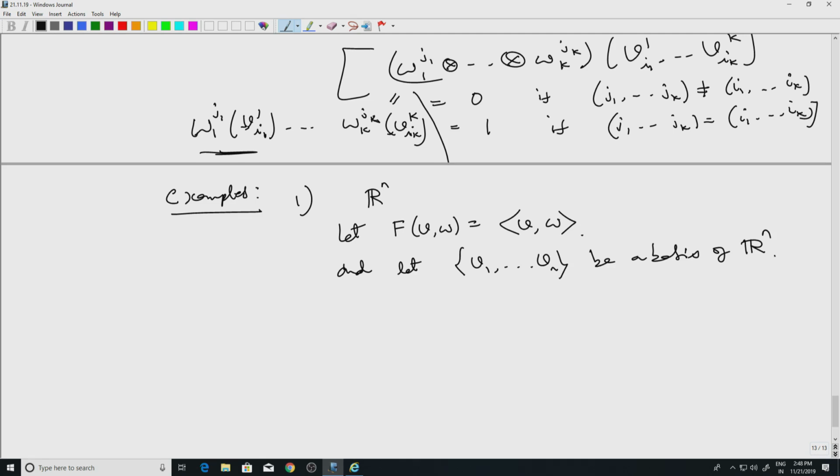So I can start with any basis of Rn and denote the dual basis. Earlier I denoted it by omega 1 to omega n. Now I'll just put a star.